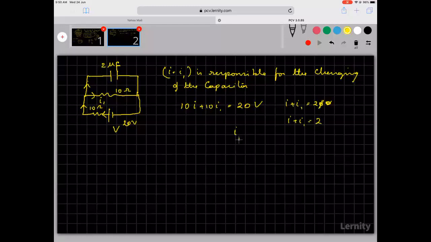So I1 is equal to 2 minus I. So I minus I1 is equal to I minus (2 minus I). That is equal to 2 times I minus 2. So this is equal to dQ by dt.